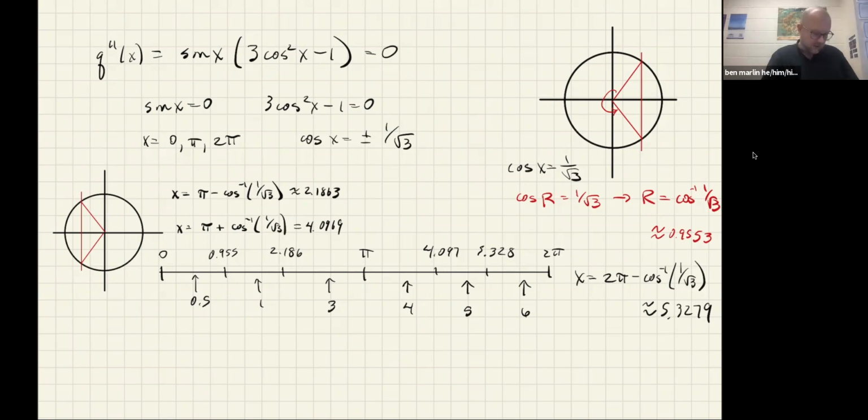I am going to have to do something real quick with my calculator here and store the value of 0.5 into a variable, and then take the sine of that variable times 3 cosine of that variable squared minus 1.